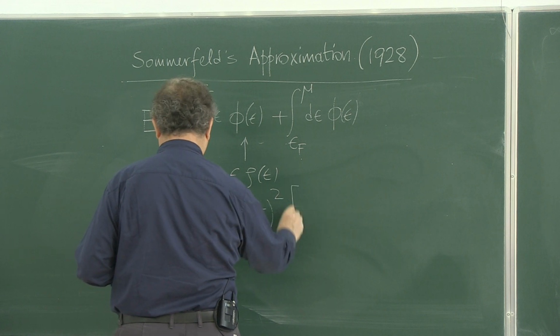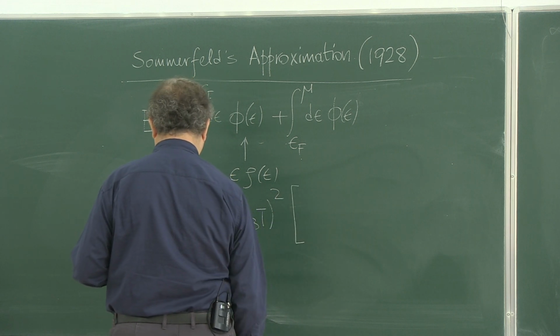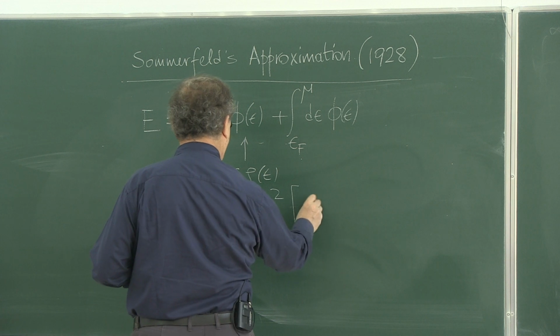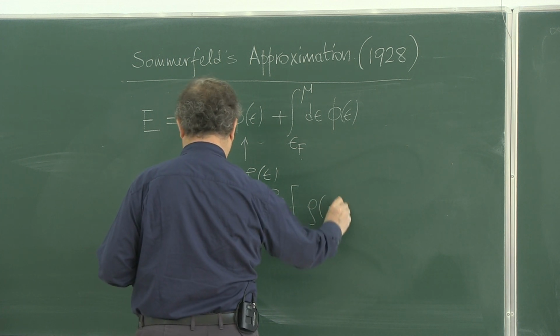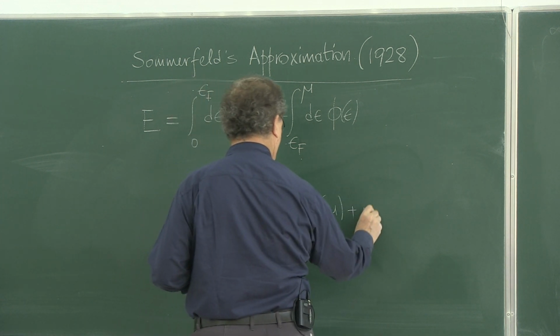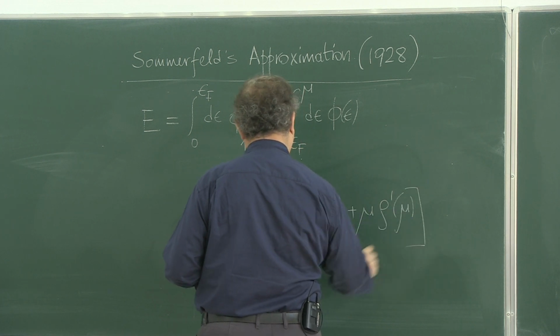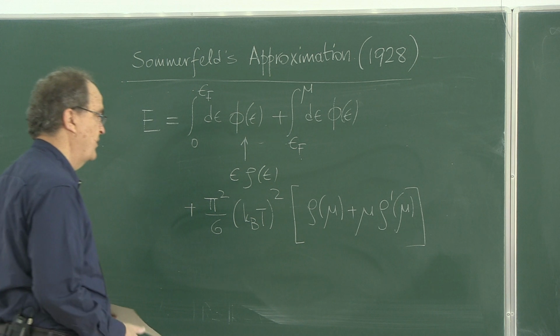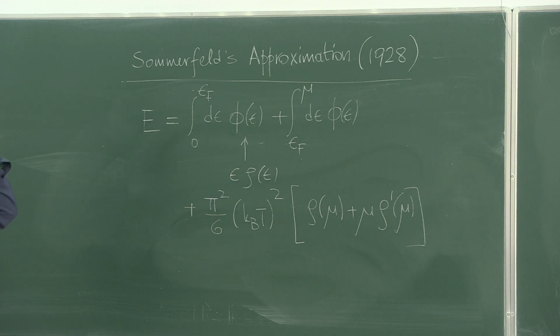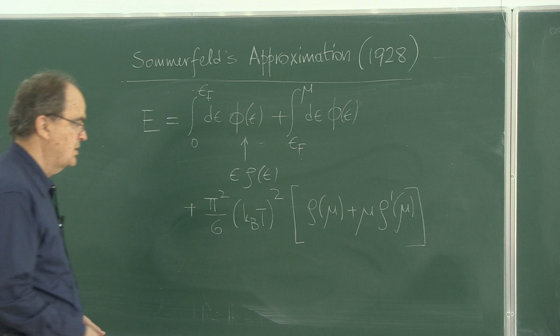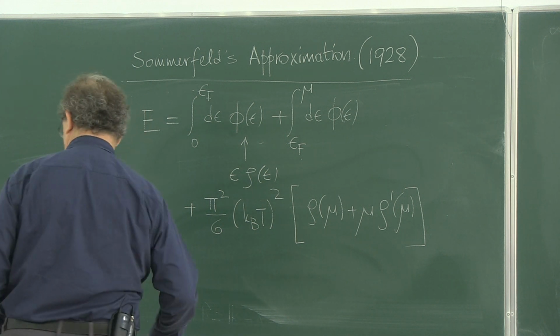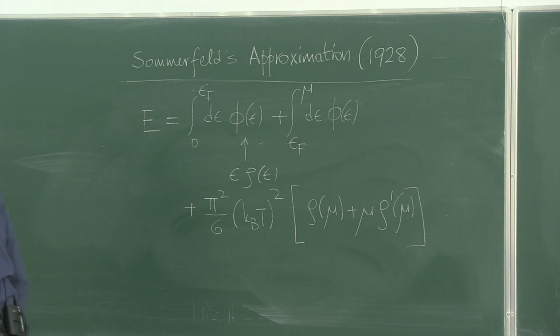Okay, this first correction can be written as rho at mu plus mu times rho prime at mu. Apply the approximation. Okay, go back to the approximation and see how you are going to do it. Please do it.